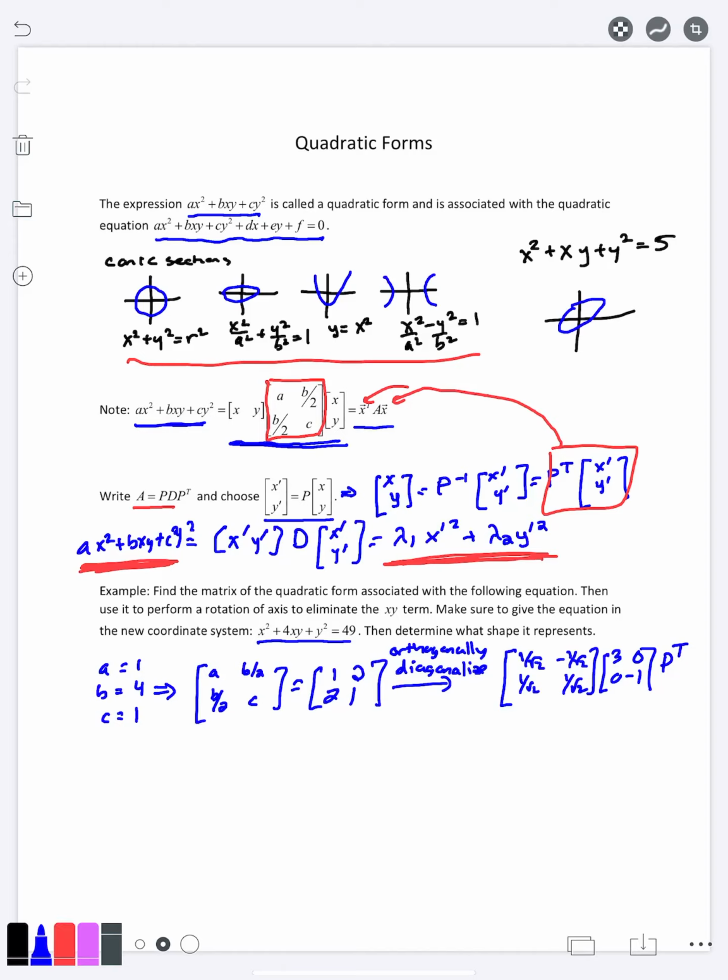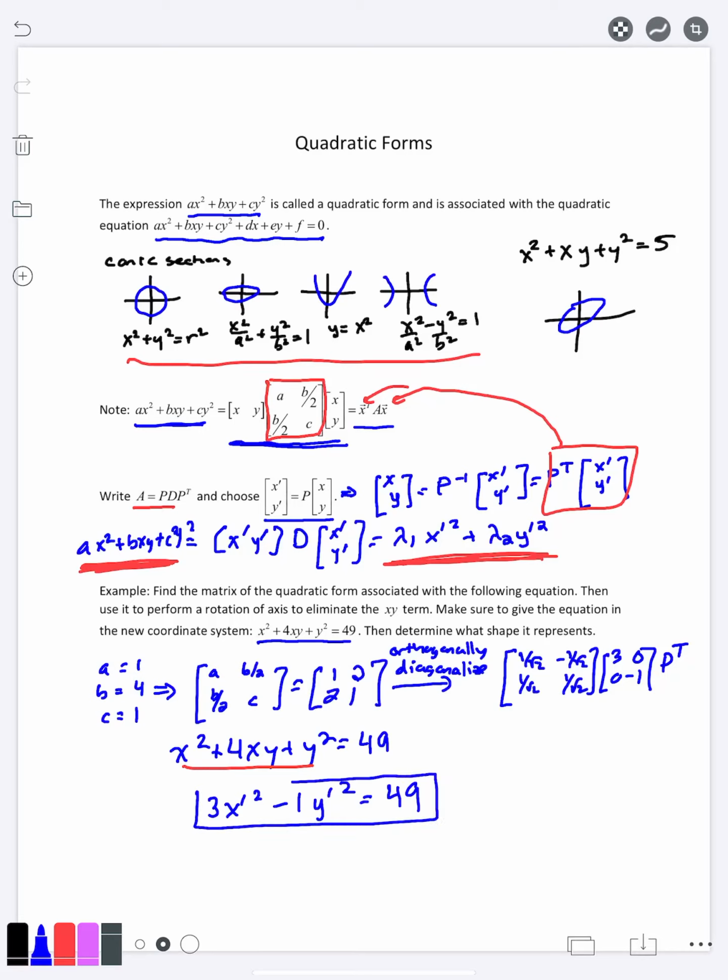So that means I would have x squared plus 4xy plus y squared is 49. This left side is going to become 3x prime squared minus 1 y prime squared equals 49. So this is my new equation here where I've gotten rid of the xy term. It's no longer tilted, and it's just based on the eigenvalues.